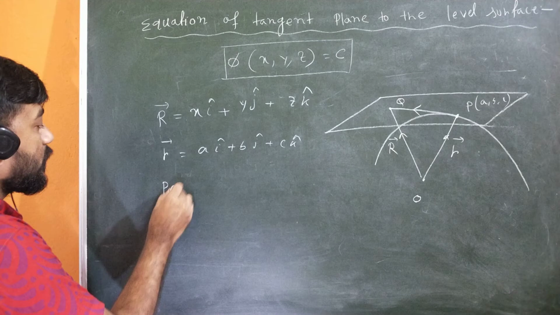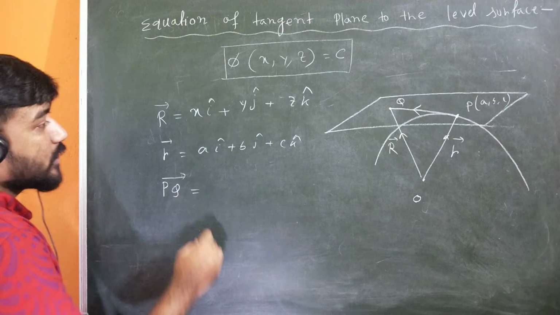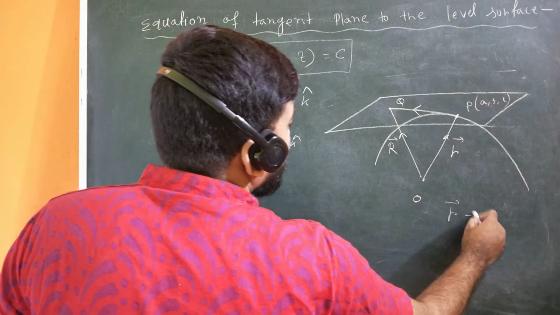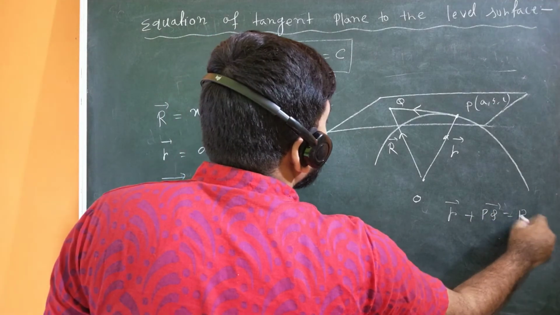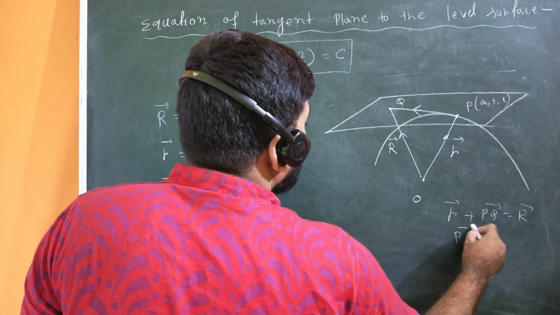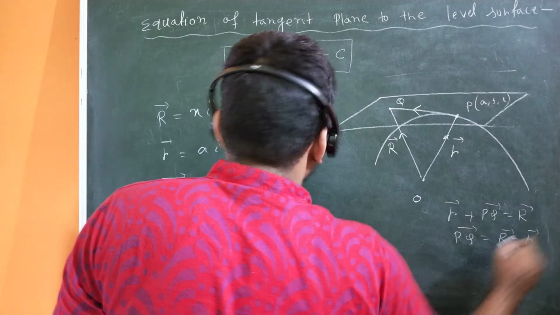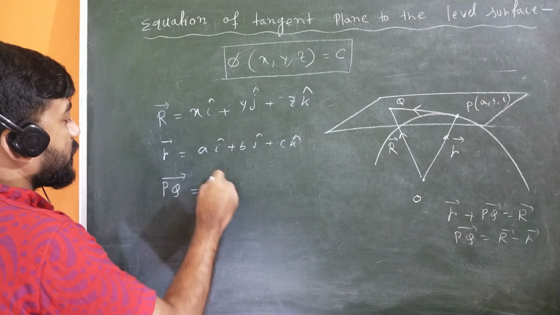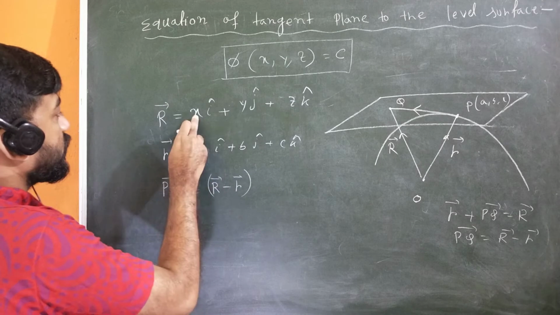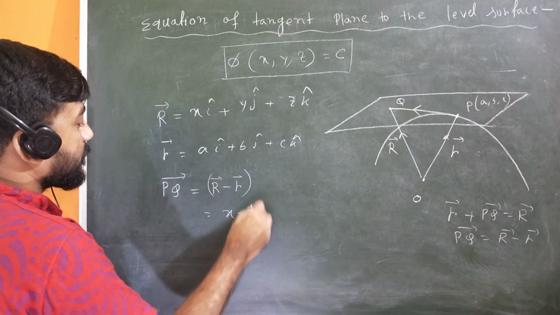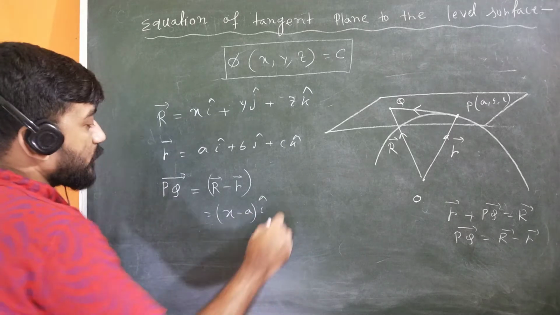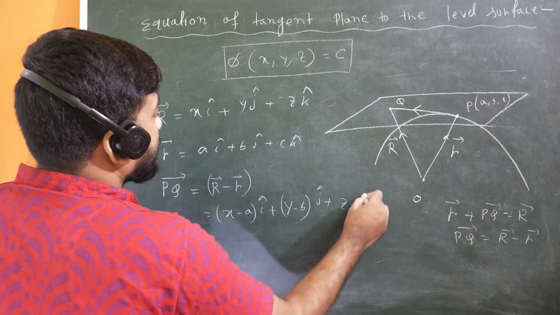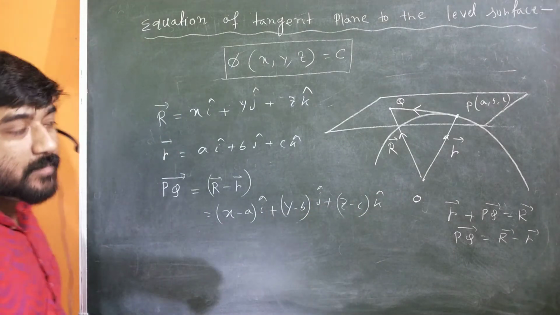You can find it easily by using the triangle law: r plus PQ is equal to capital R. So obviously PQ is equal to R vector minus small r vector, that is capital R minus small r, and that will be (x minus a) i cap plus (y minus b) j cap plus (z minus c) k cap. This will be the PQ vector.